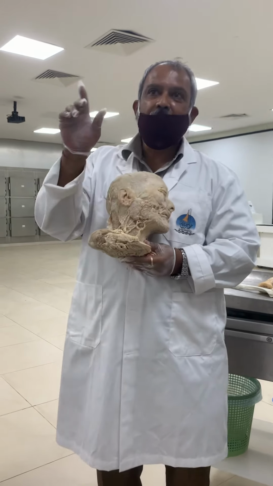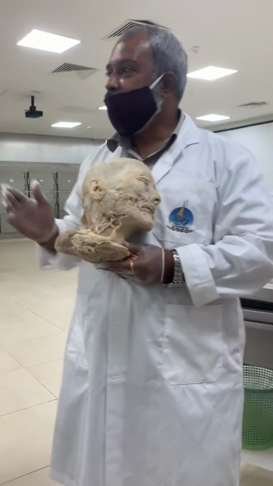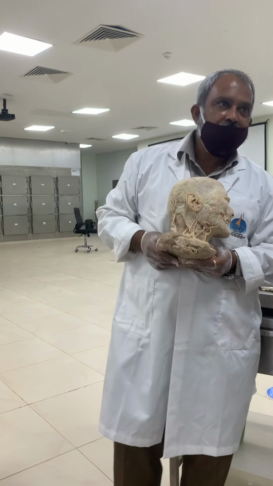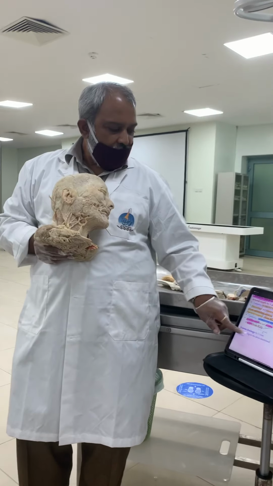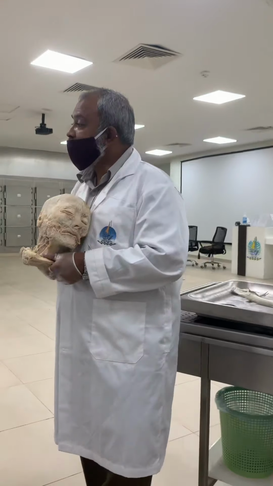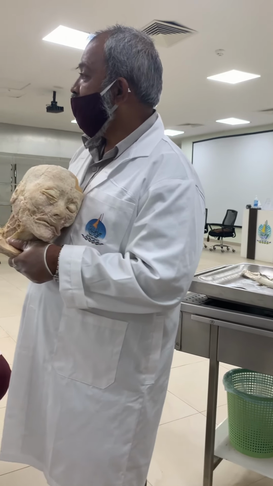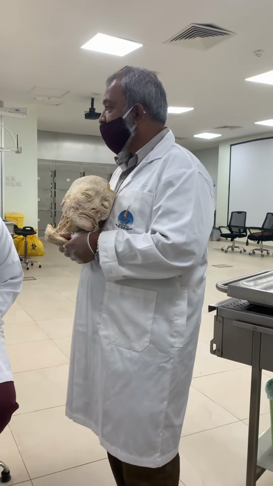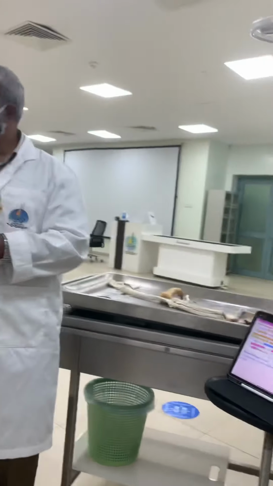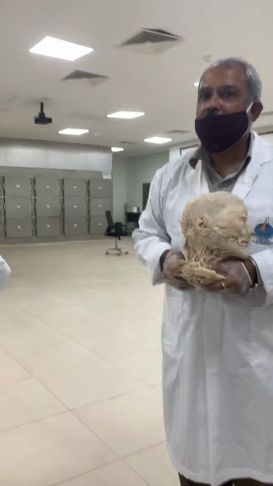It is the artery coming from that main artery. So all these come from the external carotid artery.